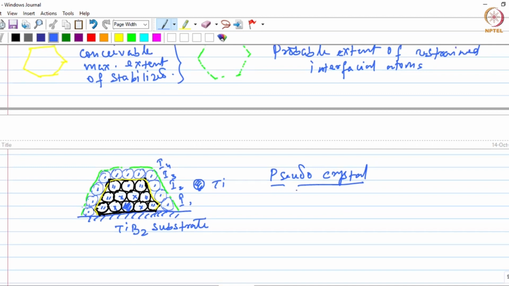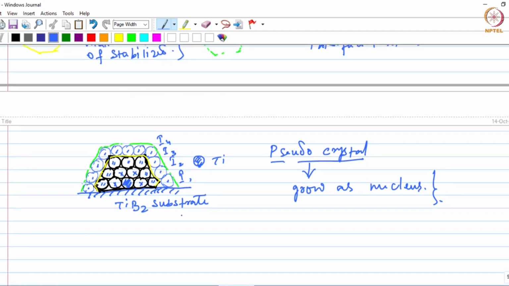So as you lower the temperature below the liquidus, this will grow as nucleus, since it has already got the structure which is close to the solid aluminium.